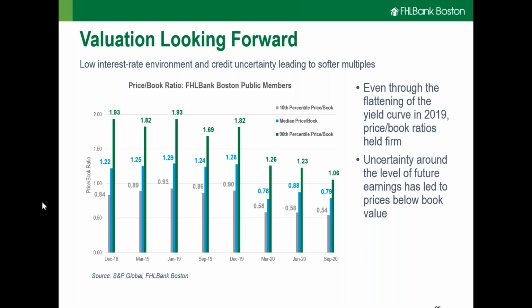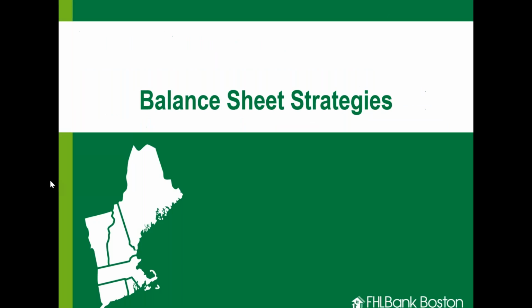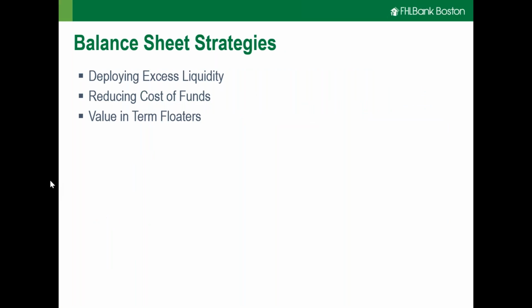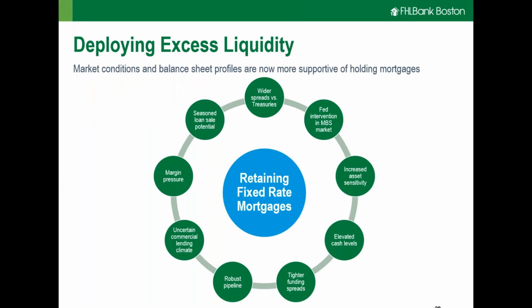So for public, for mutual, for credit union, there is a vast amount of opportunity for things to get better. So that is going to wrap up this section, and I'm going to pass it back over to John. And he's going to go through some specific strategies.